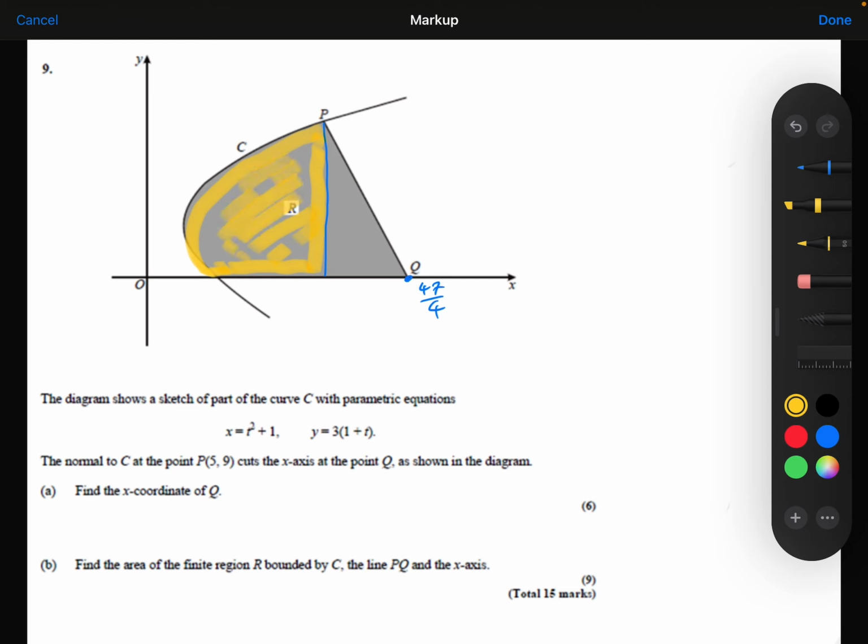This region is bounded by the curve and the x-axis. So I can do this by integrating. Then I have a triangle that I can work out. And then I can add my two answers together. So this is my method. To help me out, let me mark on some of the other information I already know. I know point P is the coordinate (5, 9).